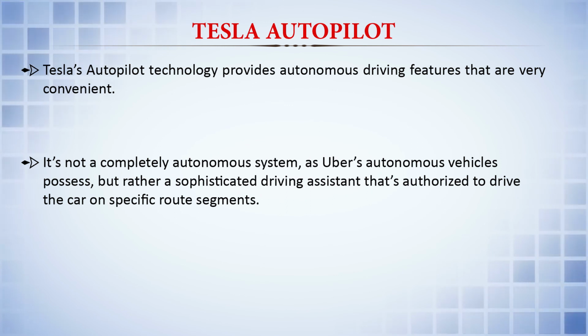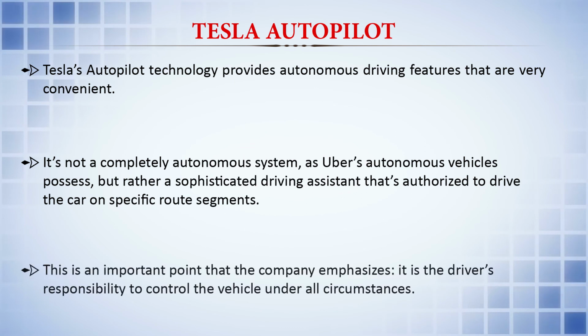It is rather a sophisticated driving assistant that is authorized to drive the car on specific route segments. This is an important point that the company emphasizes: it is the driver's responsibility to control the vehicle under all circumstances. This is the Tesla autopilot feature using computer vision technology.